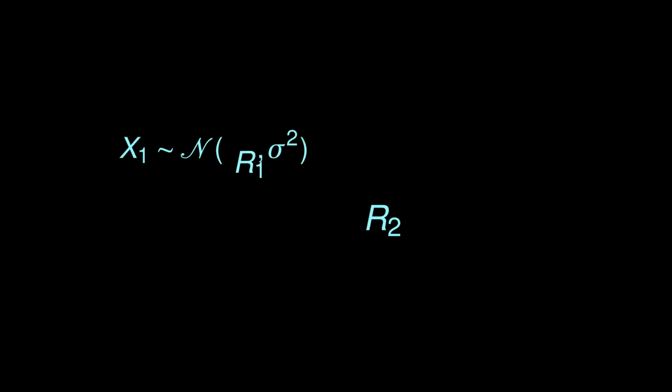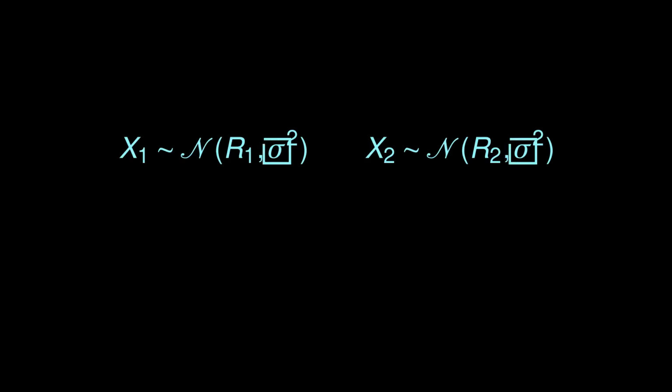Let's derive the probability that player 1 beats player 2 in this alternate model. Player 1 generates a number x1 from a normal distribution having their rating r1 as the mean. Player 2 does the same, generating a number x2. The standard deviations of these two normal distributions are taken to be some constant, which we'll call sigma. Player 1 wins when x1 is greater than x2.